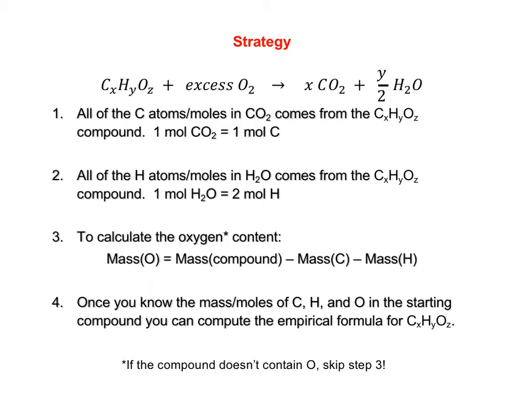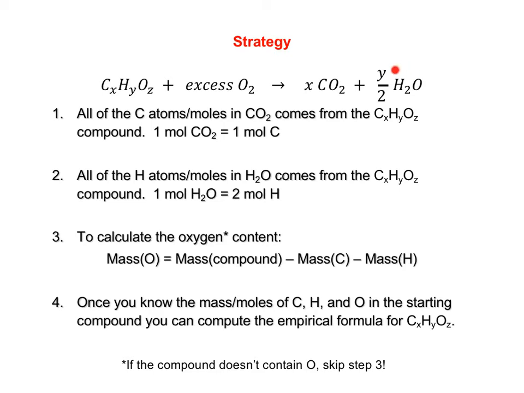And so the nice thing about the law of conservation of mass and stoichiometry is that if these are our only products, then all of the carbon in the carbon dioxide that we produced came from our compound. And there's a 1-to-1 ratio between the number of moles of carbon dioxide that we made and the number of moles of carbon in the initial compound.